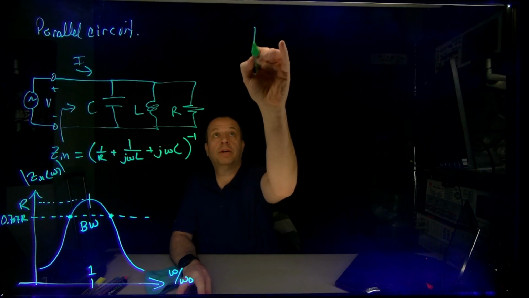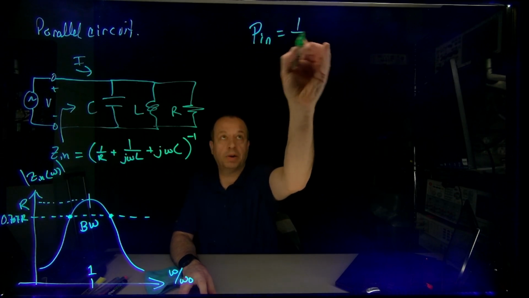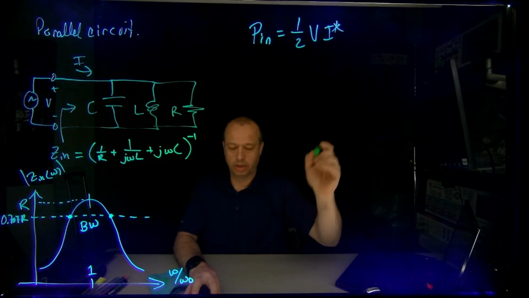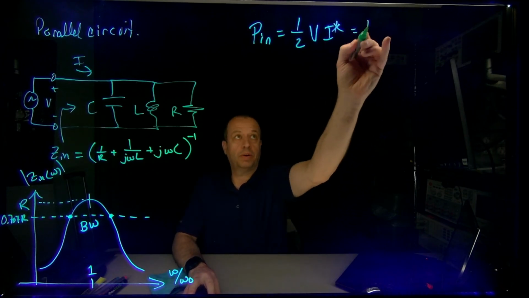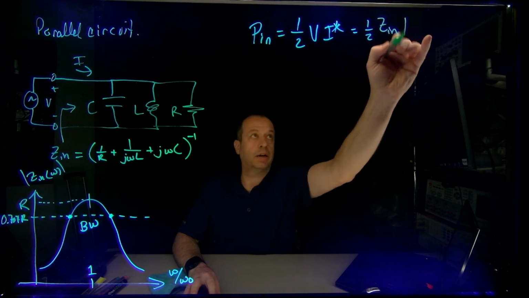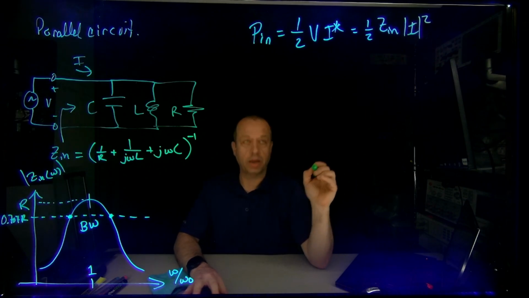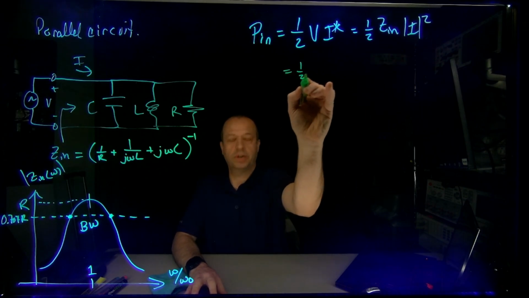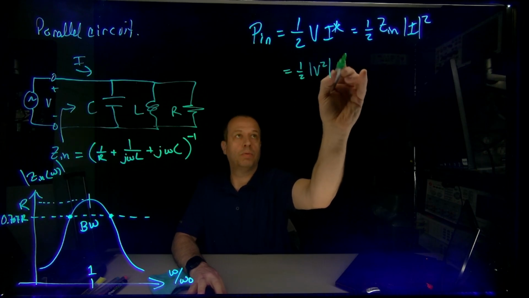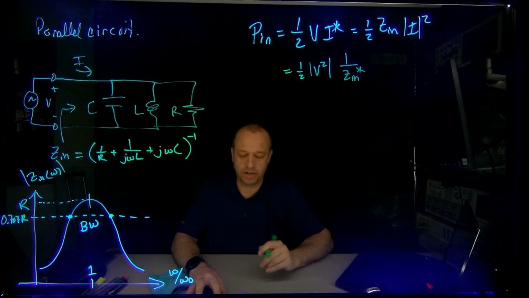So what's our input power? That is just my 1/2 V I complex conjugate. Going through this from your textbook, that's 1/2 my input impedance times I squared. That also equals 1/2 V squared times 1 over Zin complex conjugate.